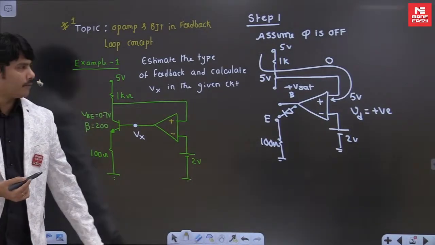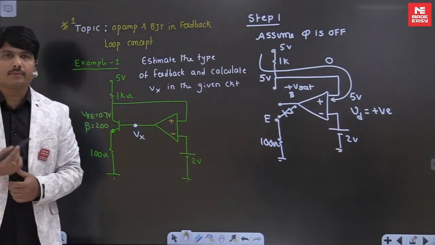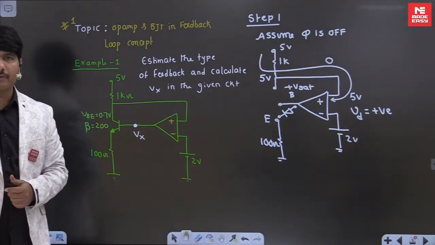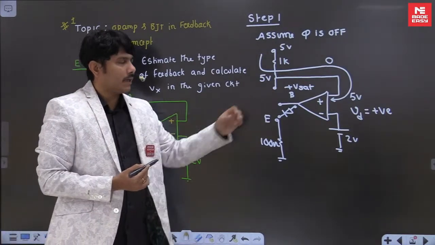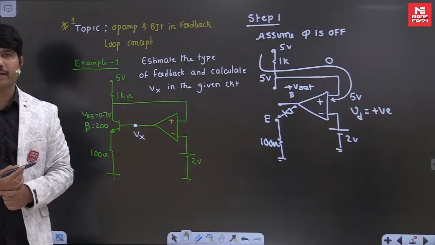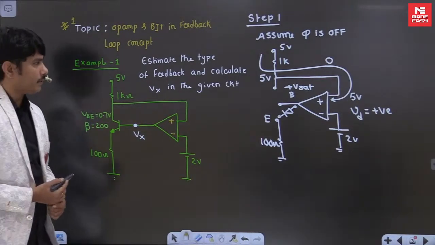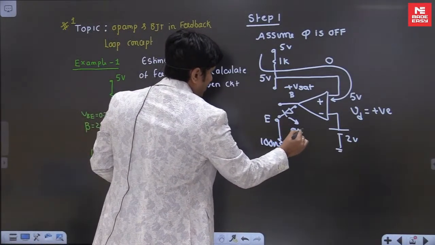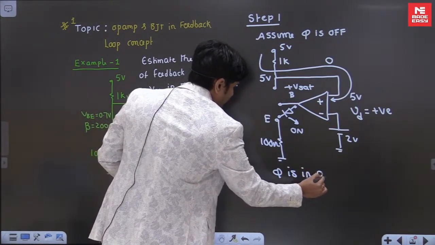Once I know this answer, the diode status is very easy to confirm. When the anode side is connected to plus saturation, the diode will be on. If by chance this answer came as minus V saturation, connected to the diode anode side, it would be cut off. Now it is in forward bias. When the diode is in forward bias, I can say this diode is on for this case. So Q is not off, it is active, we got.